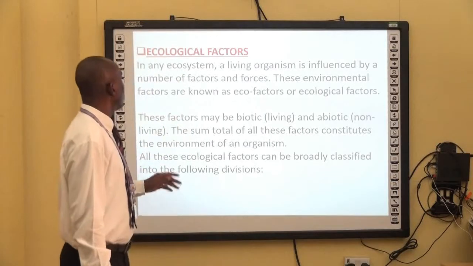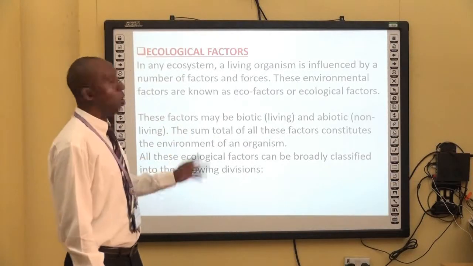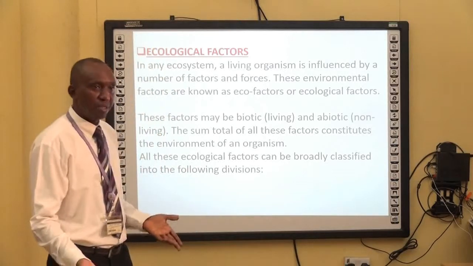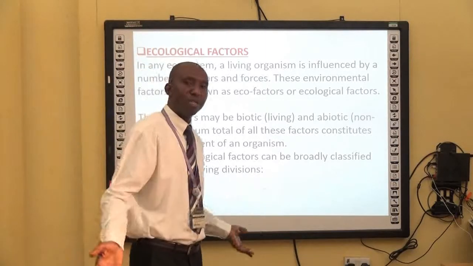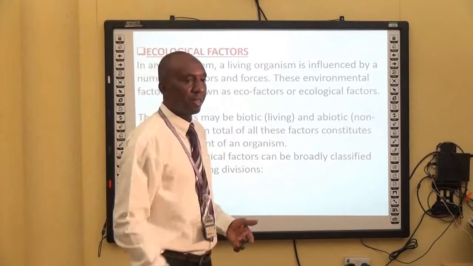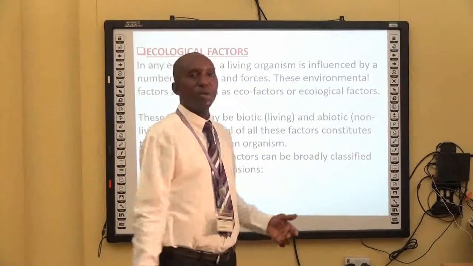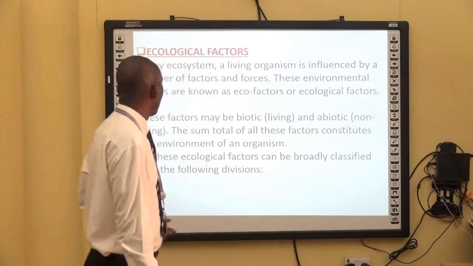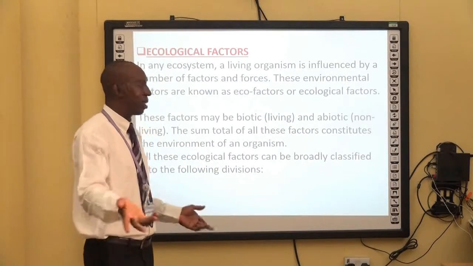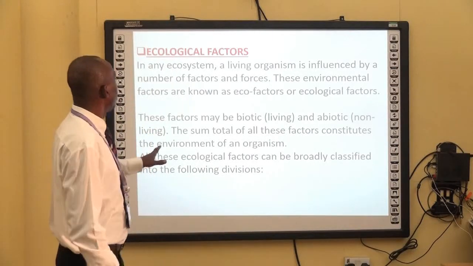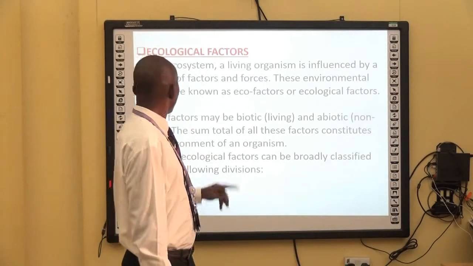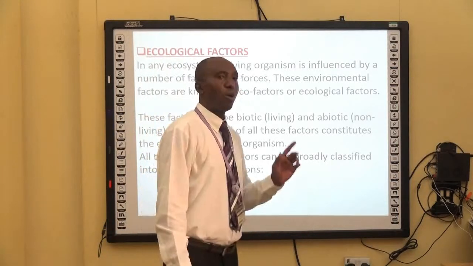These factors may be biotic or abiotic. Abiotic in the sense that they are not living things, like the air we breathe, the light. Biotic in the sense that they are living things, like bacteria, viruses around us, and other lower animals like the mosquito that transmits malaria, butterfly, and the rest of them. The sum total of all these factors constitutes the environment of an organism.